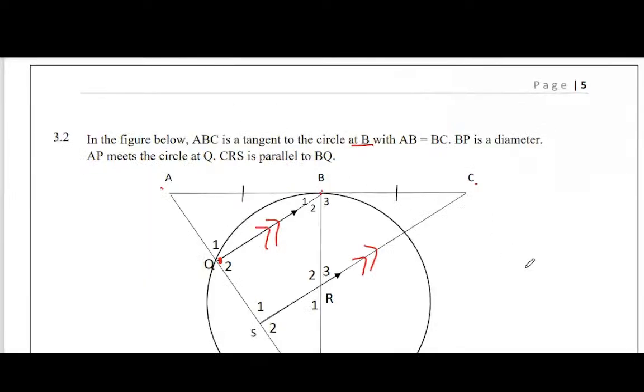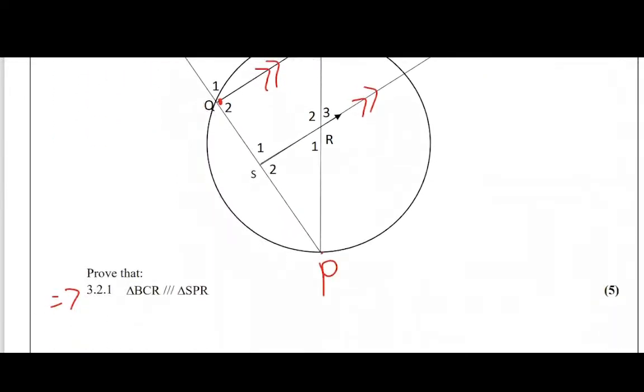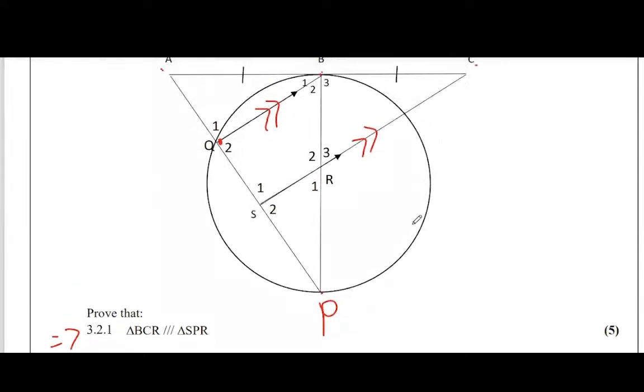Then for question number 1, they want us to prove that triangle BCR is similar to triangle SPR.